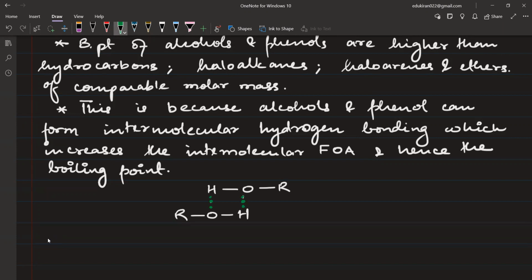So between two molecules, there is a further force of attraction acting, which is making this alcohol have a higher boiling point. So randomly these molecules are connected like this, both in alcohols and phenols.